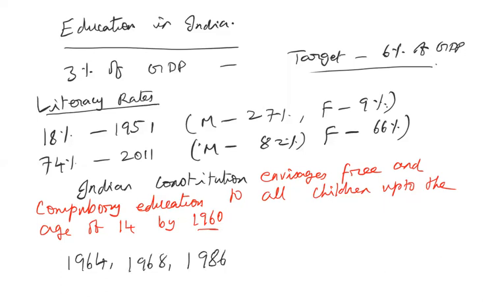This 1986 provided the framework for national education policy. Then 1990, according to the situation. Initially, only primary education was given importance, but later in the 1986, 1990 and all, the secondary and higher education, the women education was given importance. So like that, according to the situation, the government was passing the national education policy.